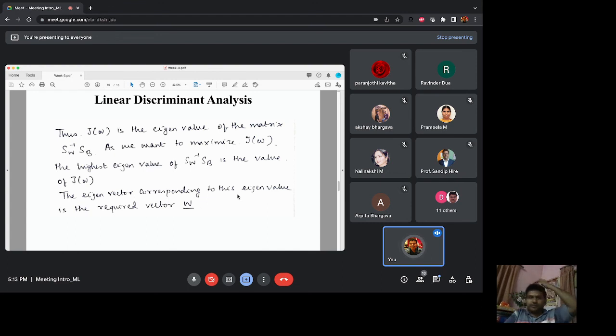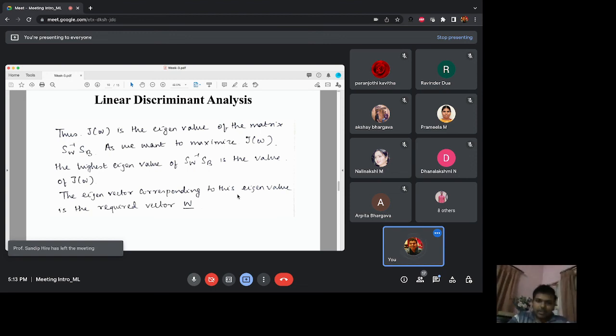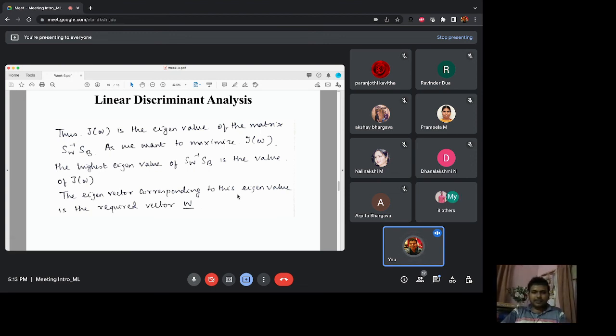Mainly because it's supervised, and the other thing is SW inverse SB. There is something called kernel PCA; I don't think kernel LDA exists, or if it does, it is not used that much.